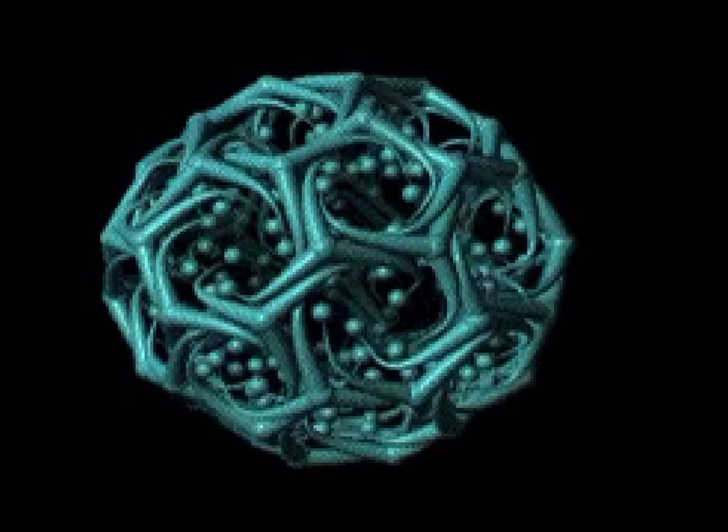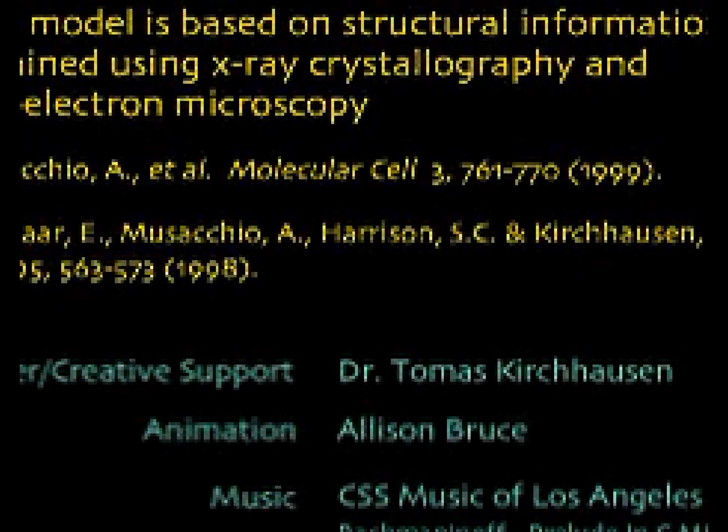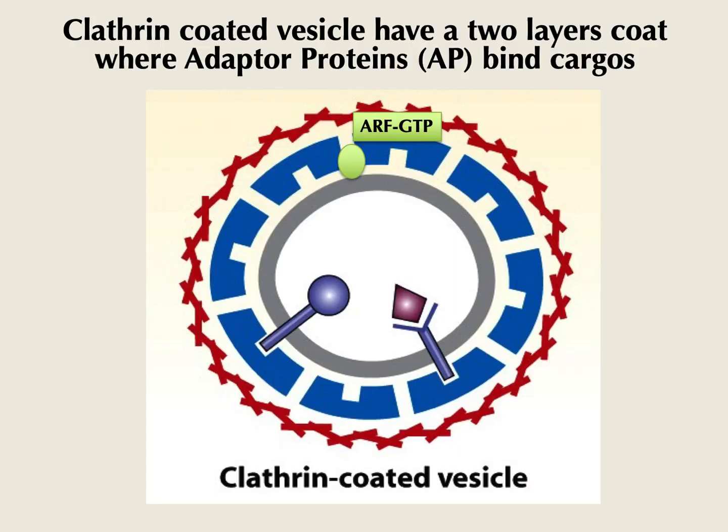Okay, let's move on. So no one answered my question about the globular domains. That's for specificity, right? There are two goals that need to be met. One of them is to shape the vesicle, and the other one is to recruit cargo and package them into the vesicle. So you need some specific interaction with the inside.